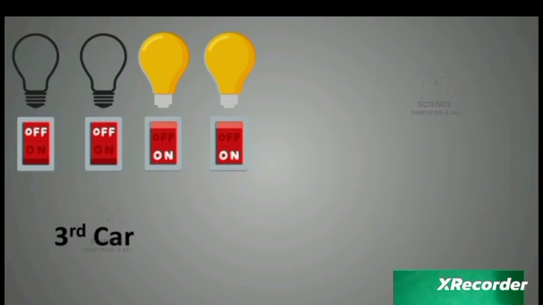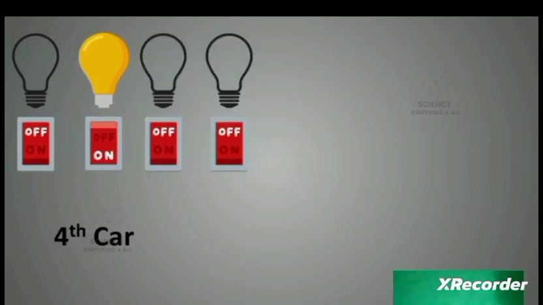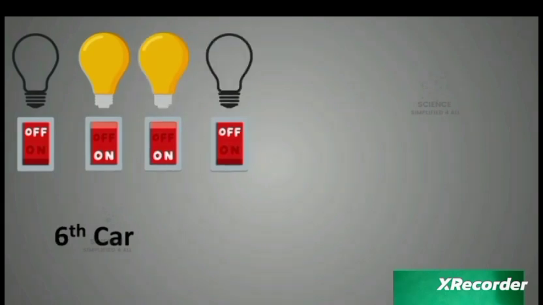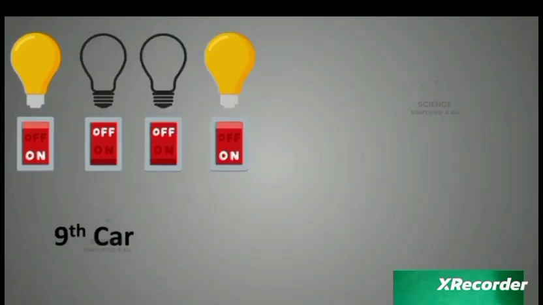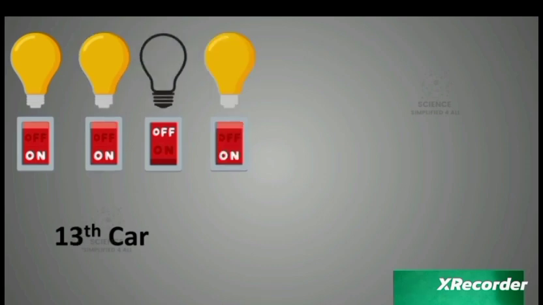For the fourth car, you turn off both the first and second bulbs and turn on the third bulb. For the 5th car, you keep the third bulb on and switch on the first again. If you continue like this, only when the 15th car passes will all 4 bulbs be on.